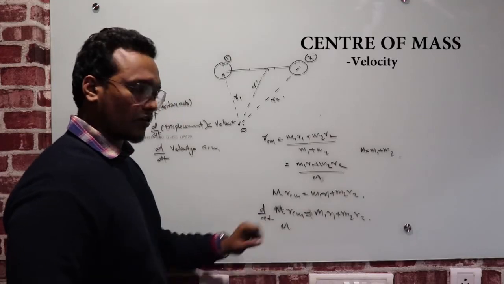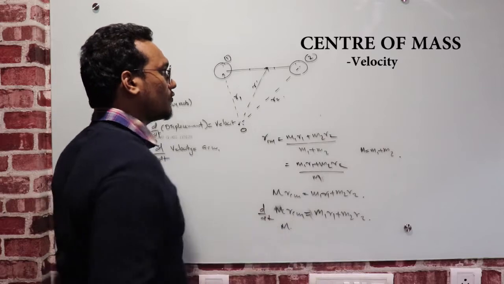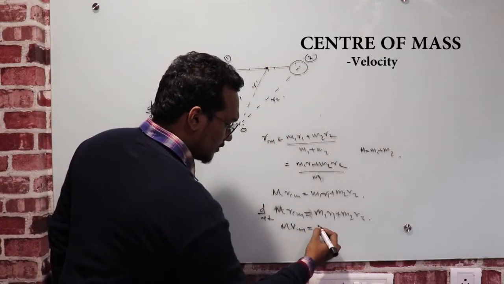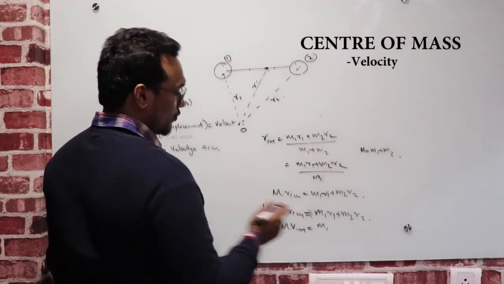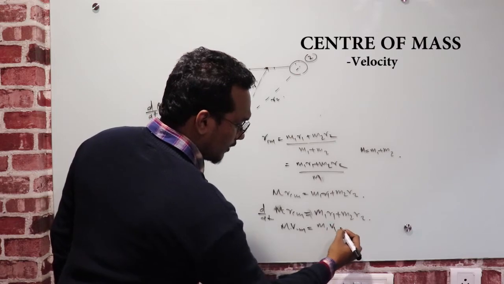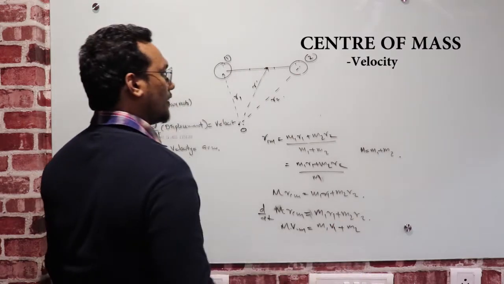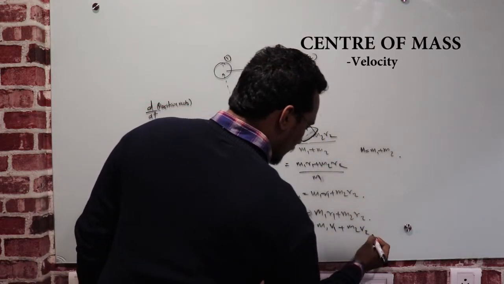D by dt of center of mass is nothing but the velocity of center of mass. Let's say if this is center of mass, then velocity of this point. So velocity of center of mass is equal to m1 into d by dt of r1, that is nothing but velocity of mass 1, v1, plus m2 into d by dt of r2, that is nothing but velocity of mass 2, v2.